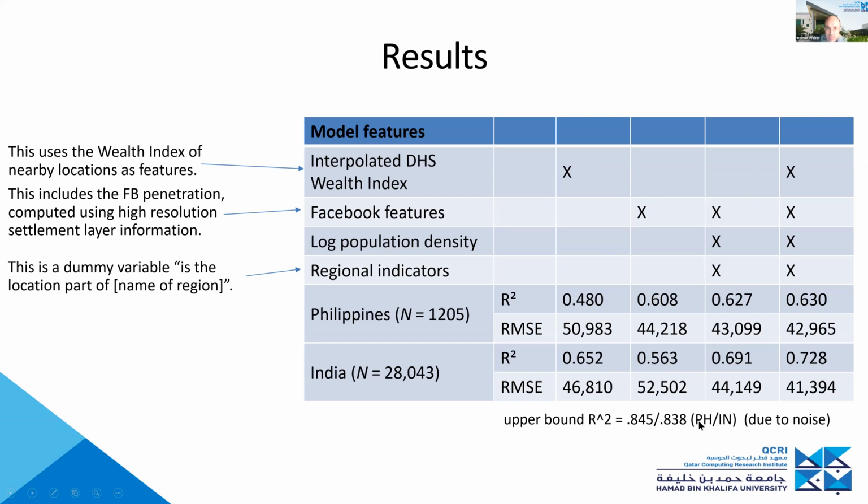It's deliberately perturbed to protect the privacy of the surveyed households, so there's an upper bound on how well you can reproduce it without overfitting. Compared to this upper bound, in the end it's maybe 3/4 or 80% of the explainable variance.